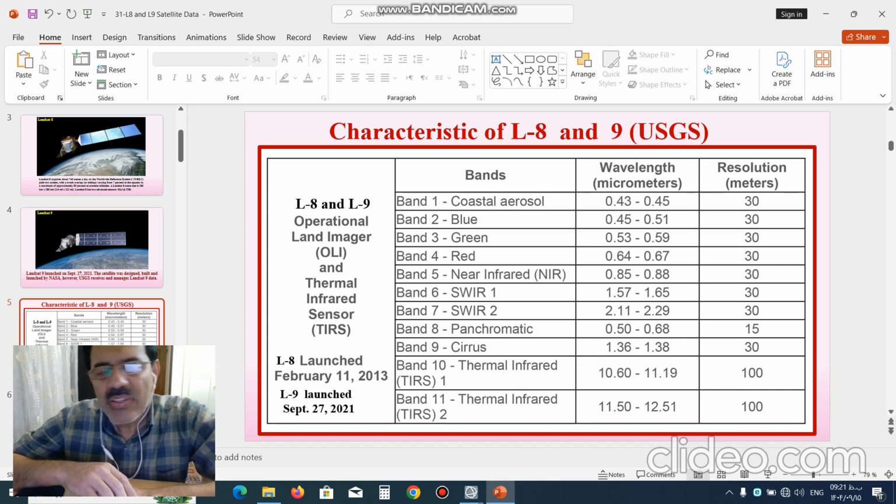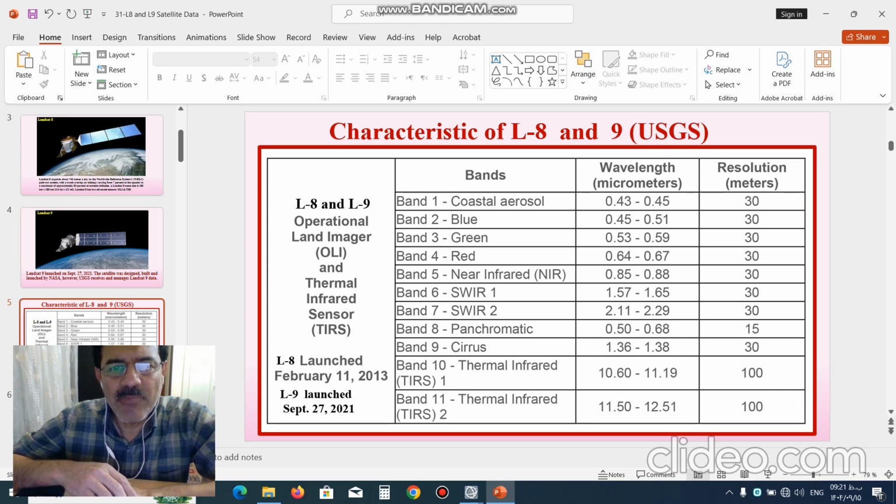This table is showing bands, wavelengths in micrometers and resolution in meters. And we can see the characteristics of band number 1 to band number 11.